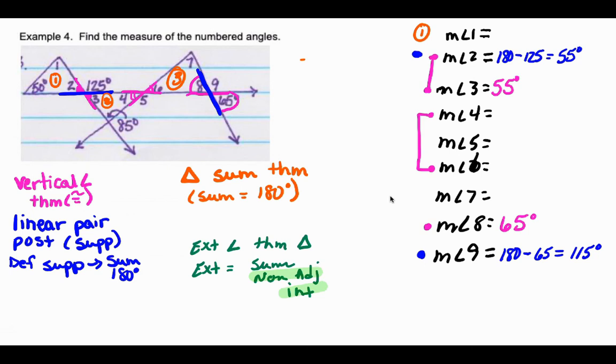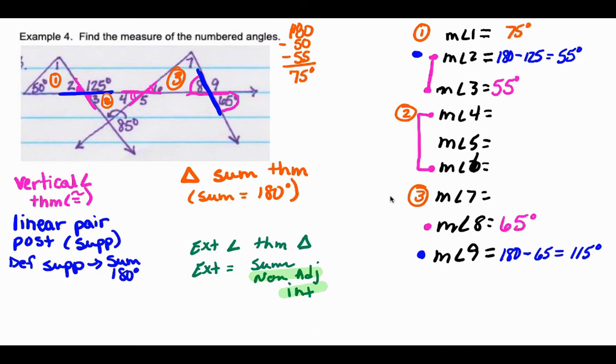We can use our second triangle to find angle 4, and we can use our third triangle to help us find angle 7. So the triangle sum is 180. So if we start out with the sum and we subtract the 2 known angles, so in the first triangle, we're going to subtract the 50 and our 55 for angle 2, and we end up with 75 degrees.